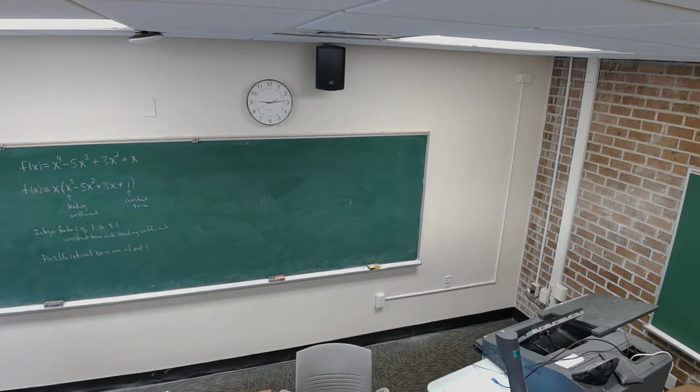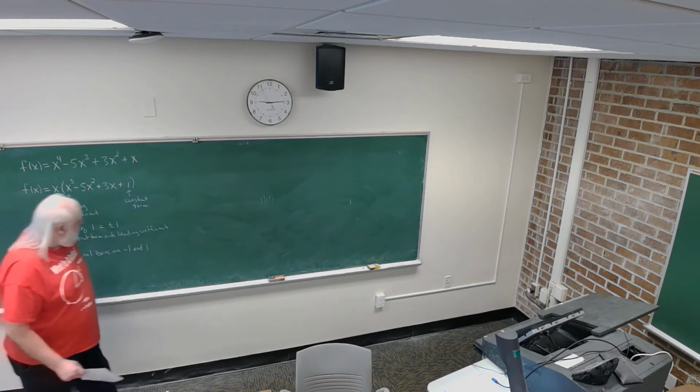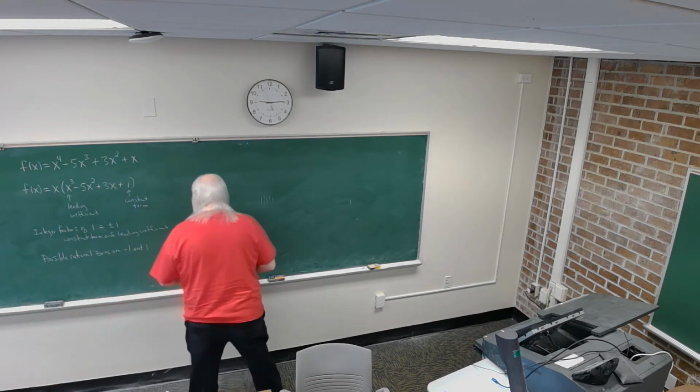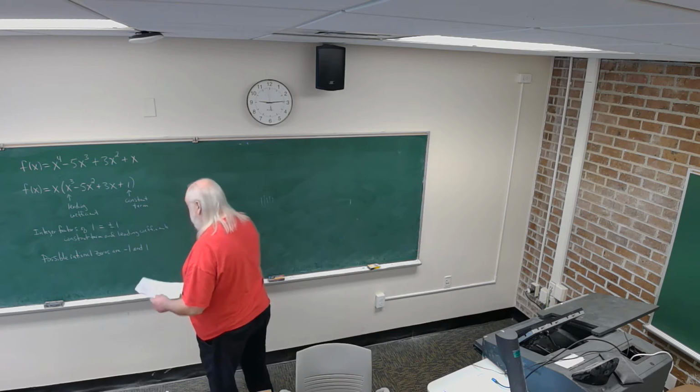Okay. So the integer factors of the constant term are plus and minus 1. The integer factors of the leading coefficient are plus and minus 1. Plus and minus 1 divided by plus and minus 1 is plus and minus 1. Okay. So there are only 2 possible rational zeros, okay, for this 3rd degree polynomial.